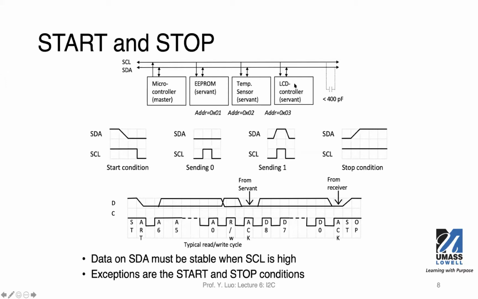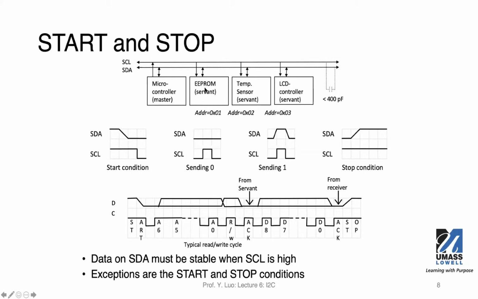So sender and receiver are really talking about the data transfer direction perspective, whereas master and servant is to say who's driving the clock. Yeah, it's a very good question. When we look at these I2C devices, some of them can only be read.